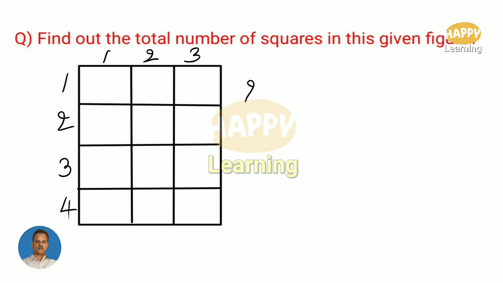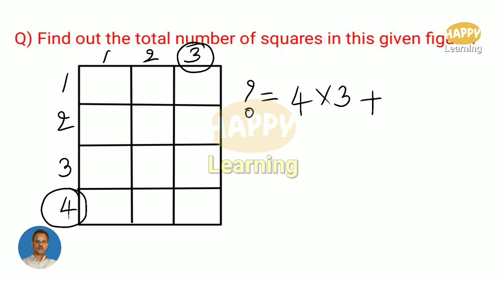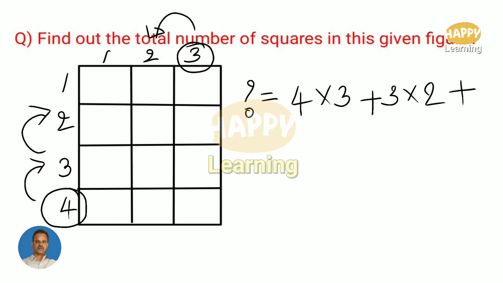There the number of squares in this figure is 4 into 3, the maximum numbers, plus the next numbers, 3 into 2, plus the next numbers, 2 into 1.